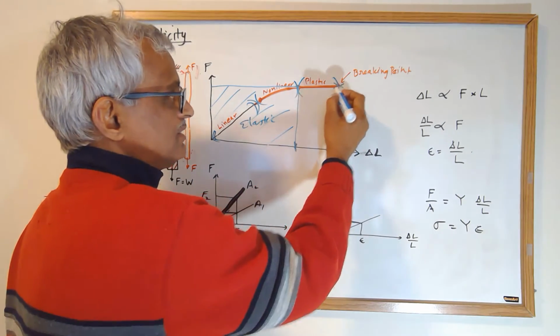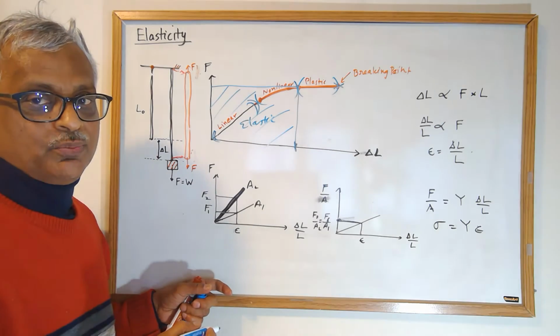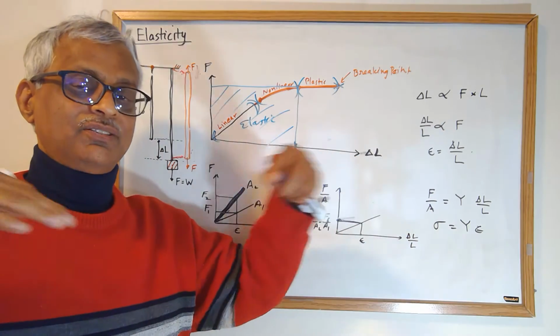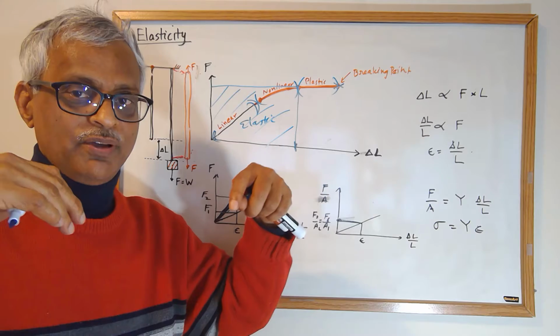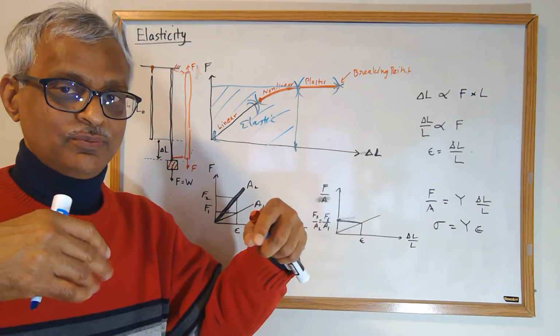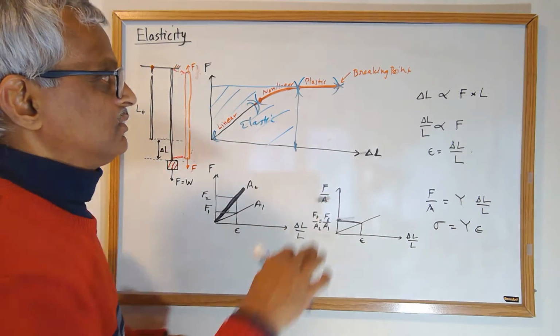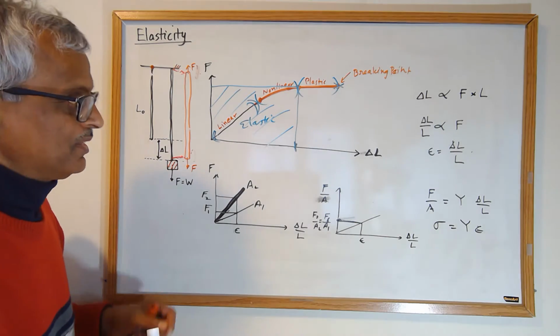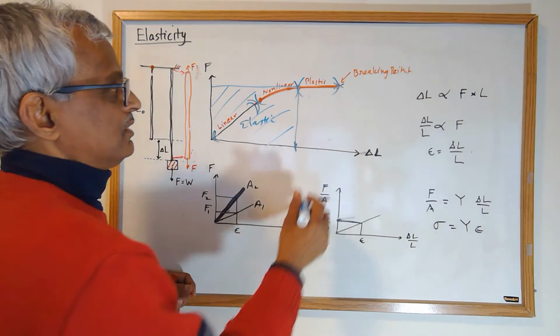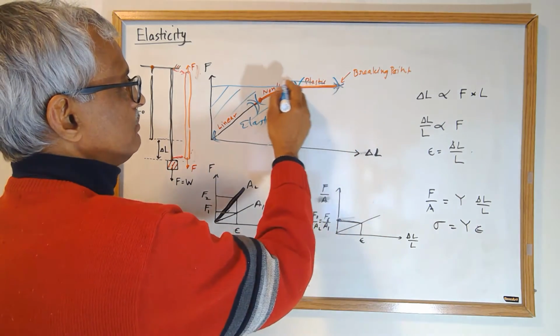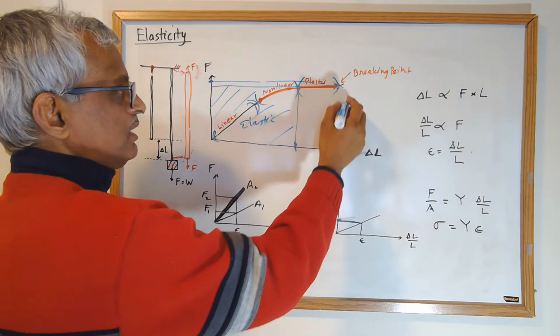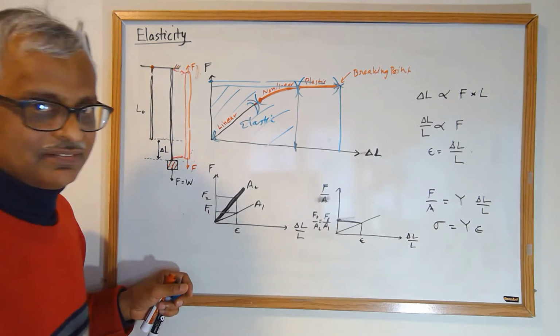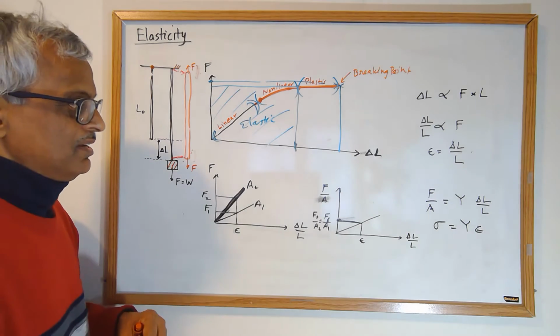And at the end of the plastic region is a point where you pull so much that it actually breaks somewhere, wherever the weakest link was. So that's called the breaking point. We can define that to be the maximum force you can apply and the maximum length that you can extend for that wire.